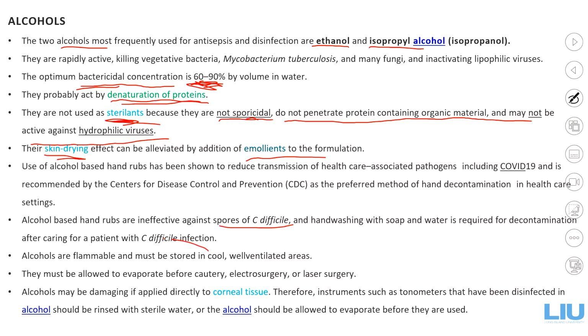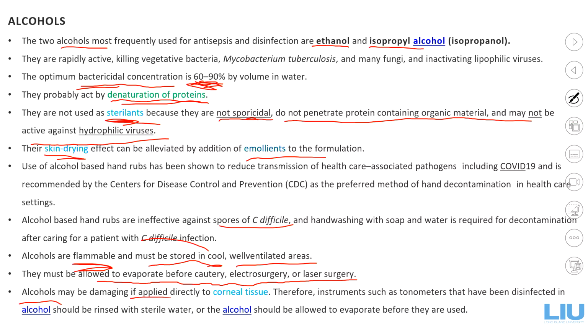Some of their spectrum of activity. Of course, alcohol is flammable and should be stored in cool and well-ventilated areas. They must be allowed to evaporate before cautery, electrosurgery, or laser surgery.